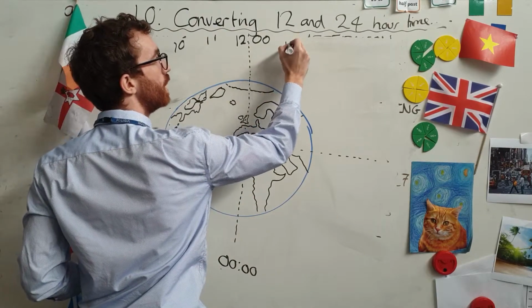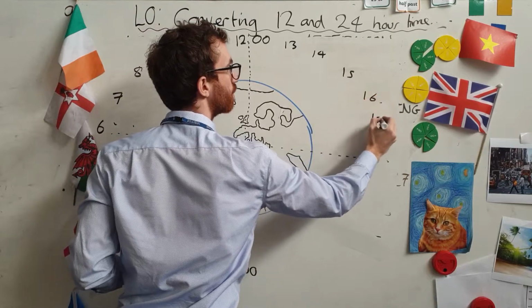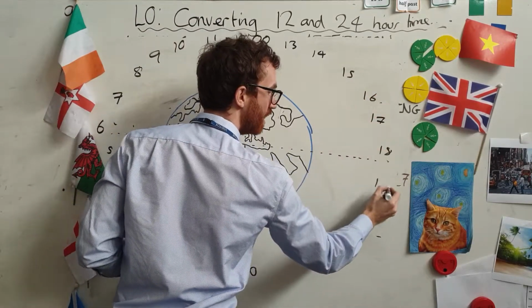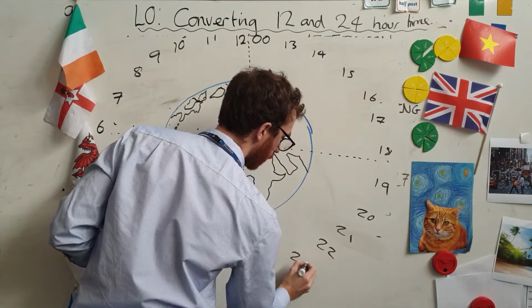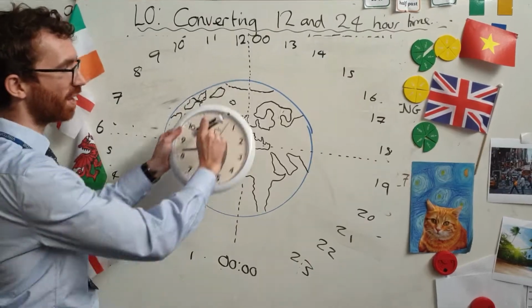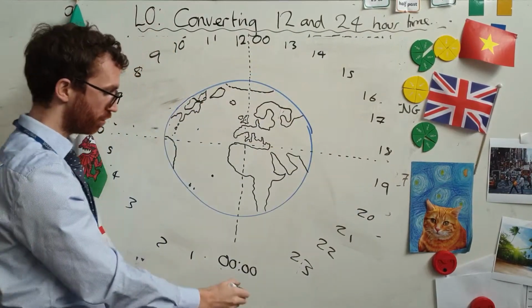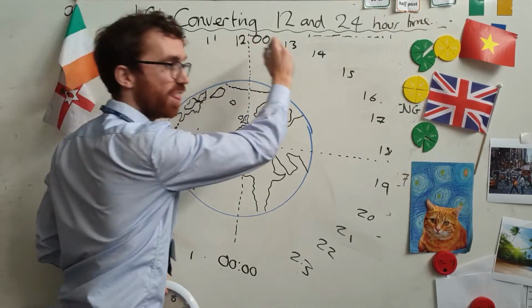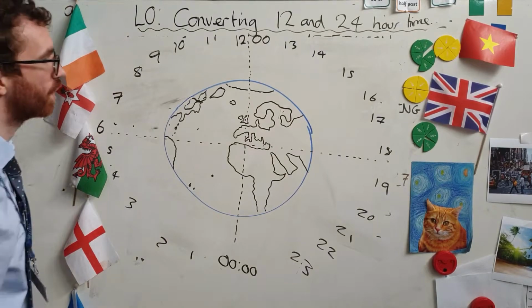This is 13 o'clock, 14 o'clock, 15 o'clock, 16 o'clock, 17 o'clock, 18, 19, 20, 21, 22, 23, and back to 0. So there is another whole clock face on this side. So this is 12 hours until midday, that is 12 hours until midnight and the start of a new day.